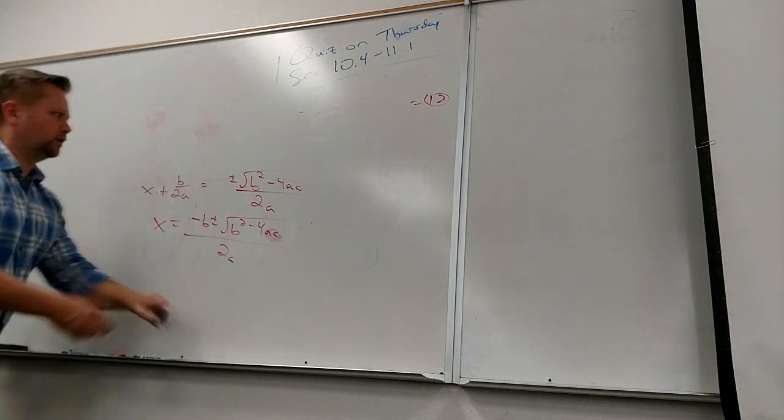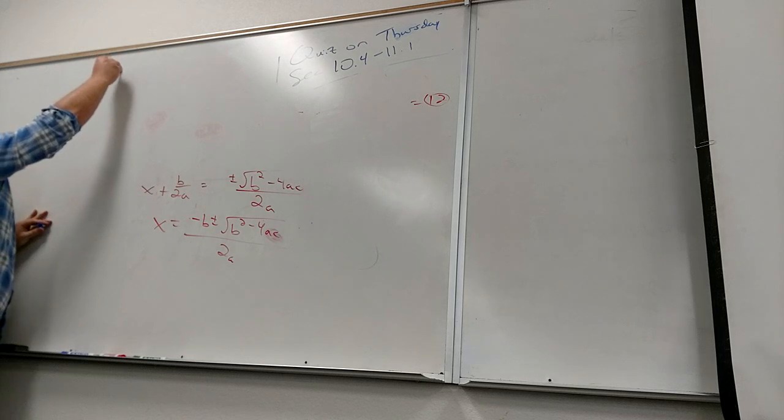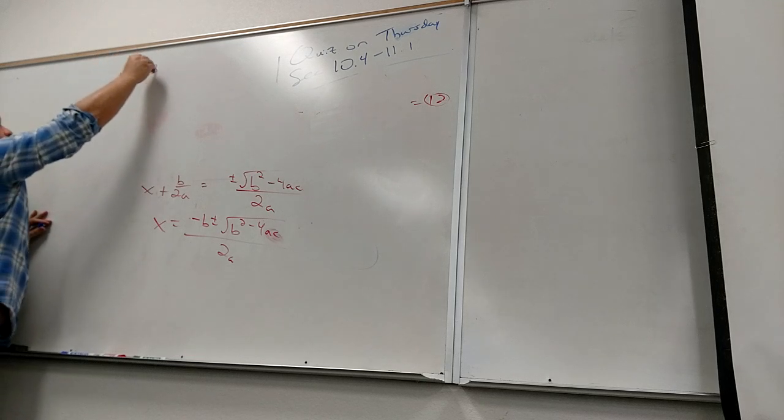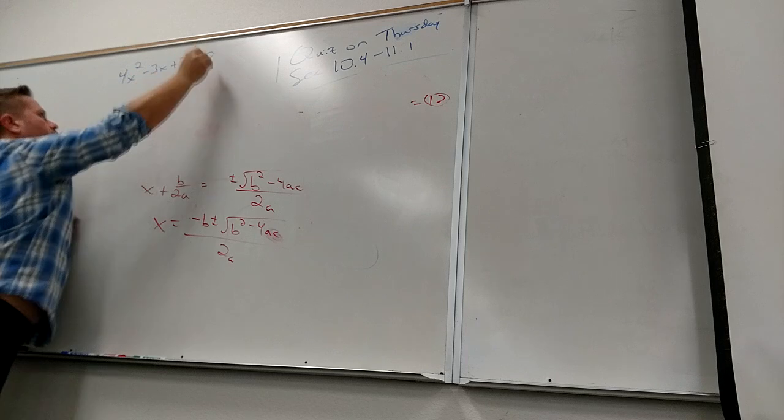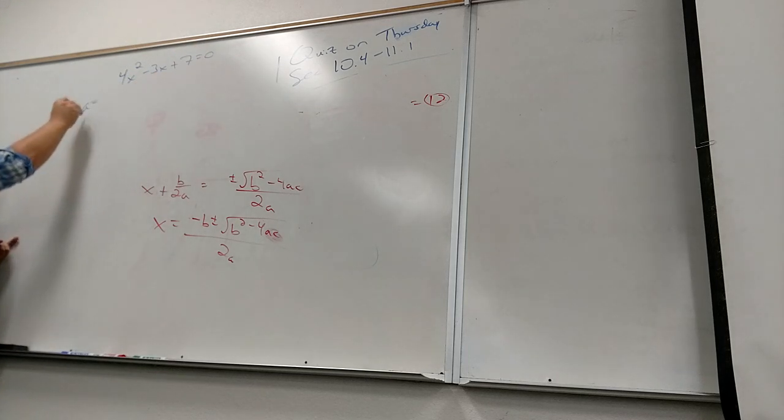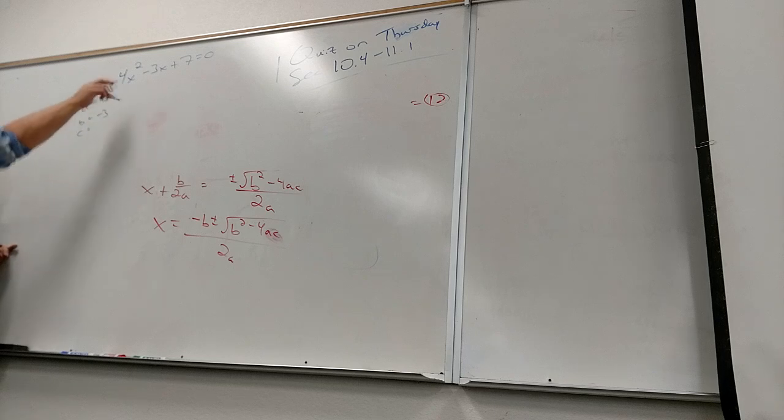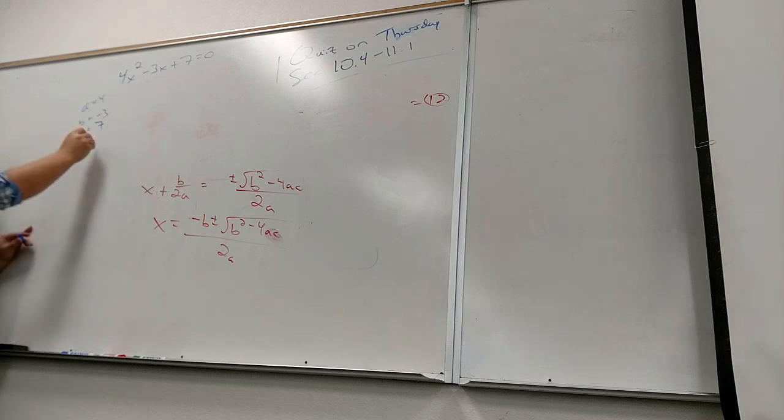For example, say I got, what you got, Jeff? 4x squared minus 3x plus 7 equals 0. So what's a? What's b? Negative 3. What's c? 7. So what are the answers?